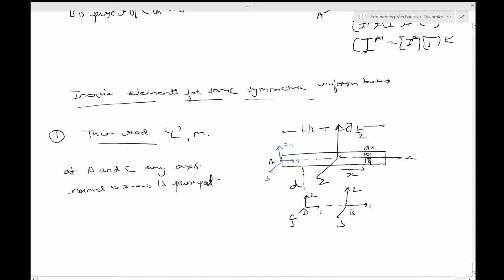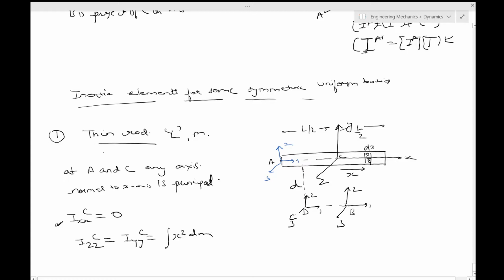Now since at A and C any axis normal to X axis is principal, let me just write out first Ixx about C, that is equal to 0. Izz about C, this is true because of the symmetry, and then Izz of C is Iyy of C is equal to integral of x square dm.